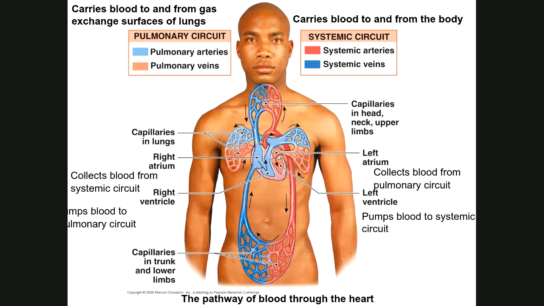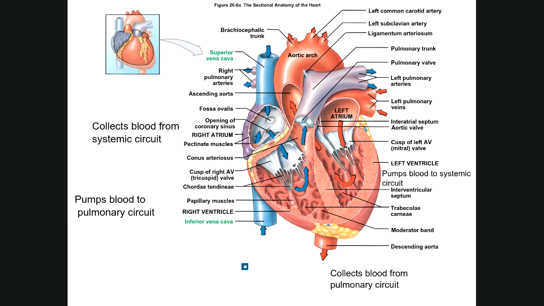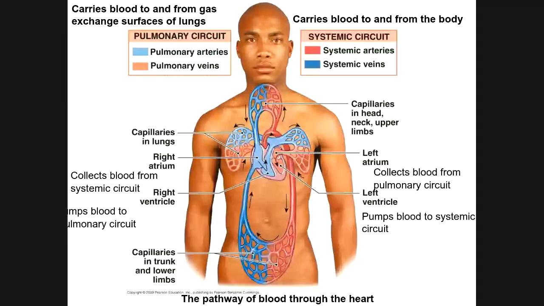So the right atrium collects the blood from the systemic circuit through the inferior vena cava or superior vena cava, and also, if you remember, through the fossa ovalis. There was an opening at the fetal age, but it closed later on during development.